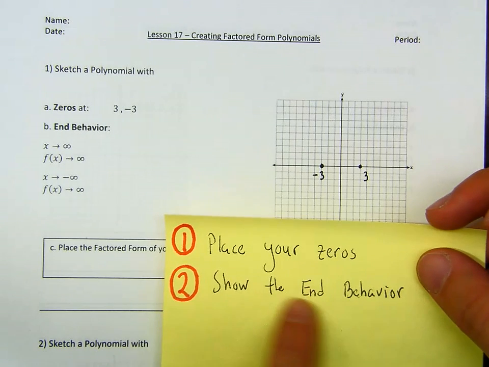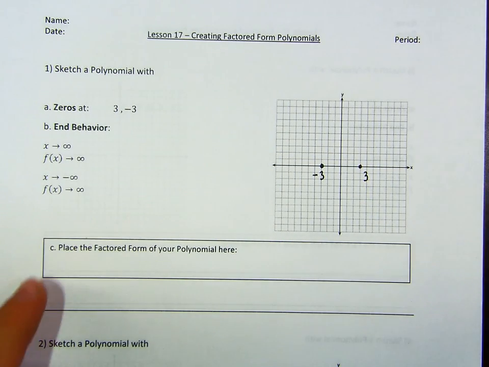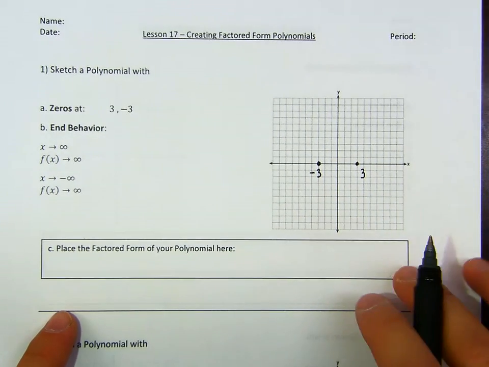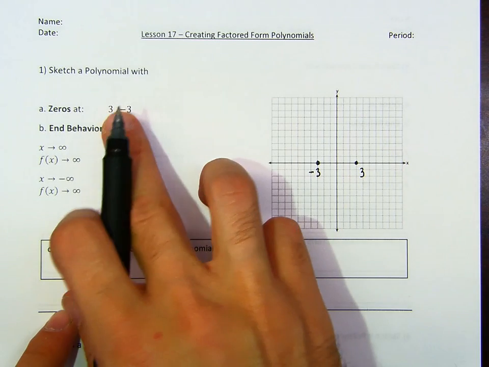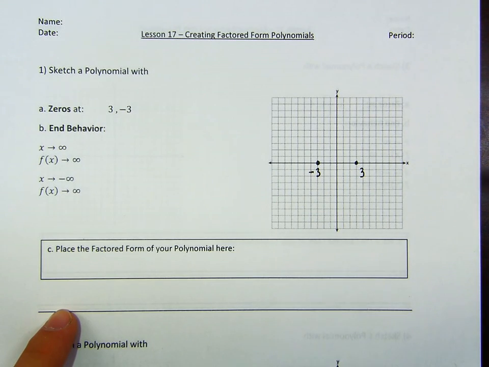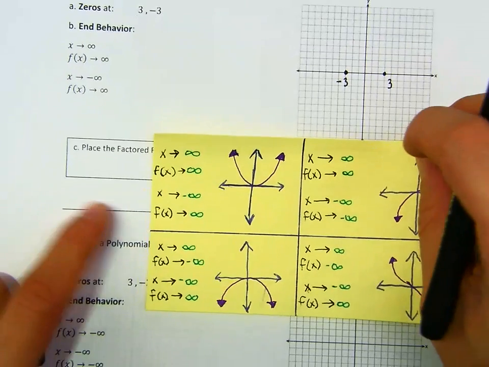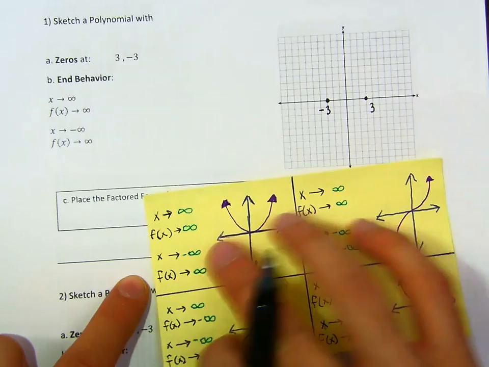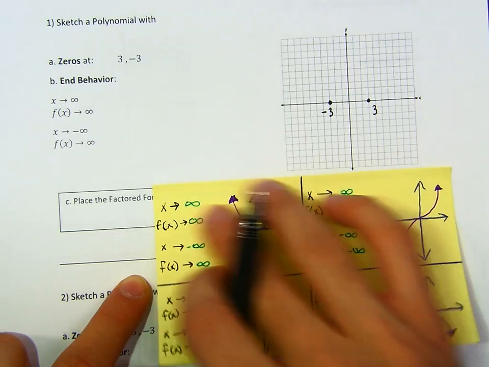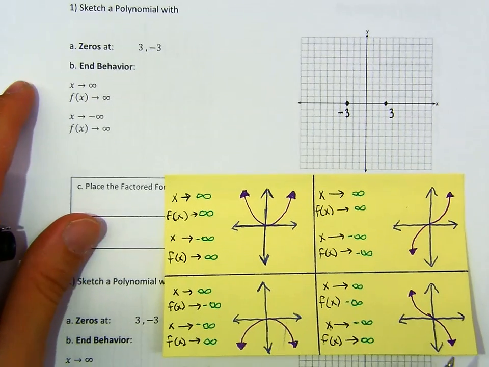Now we want to show the end behavior. So take a second and look at this end behavior, and how do you think it will help us sketch a polynomial with zeros at 3 and -3? Remember that if we have something like this, right? So which one of these shows this?